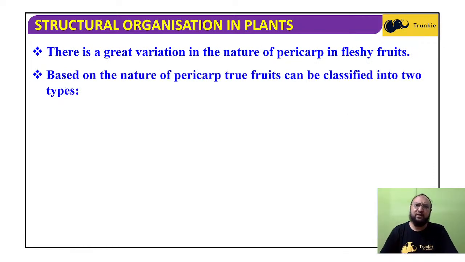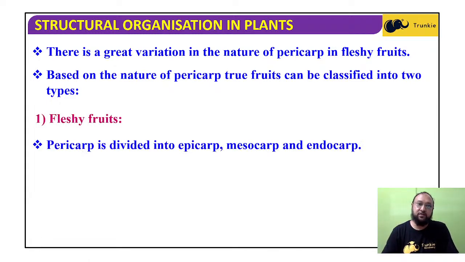There is a great variation in the nature of pericarp in fleshy fruit. The fleshy part of the fruit is the pericarp. We find it in different plants and different fruits, and it is of different types. So there is a lot of variation in these fleshy fruits, the pericarp. Based on the nature of pericarp, true fruits can be classified into fleshy fruits.